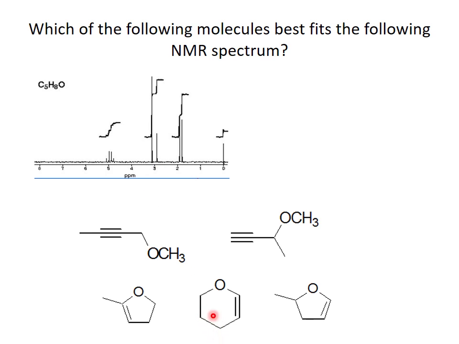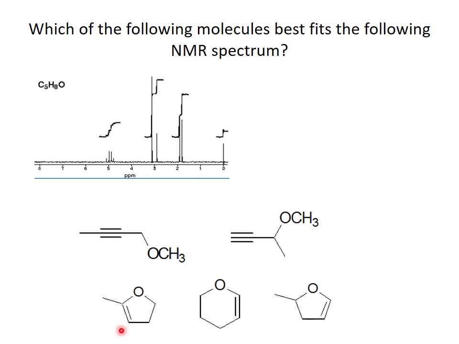Here I have 1, 2, 3, 4. Well, that could fit up here. There's 4 peaks. Let's look at this. 1, 2, 3, 4, 5. That won't fit, 5 sets of hydrogens. 1, 2, 3, 4, 5 sets of hydrogens doesn't fit. 1, 2, 3, 4, that could fit. So it's between these two.